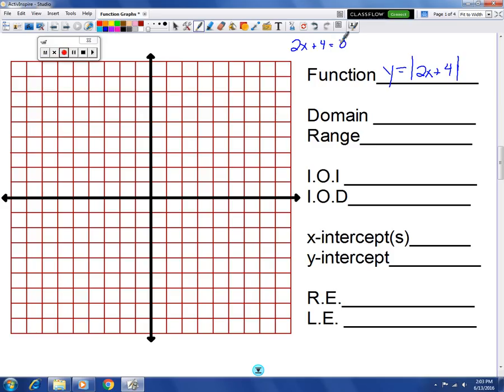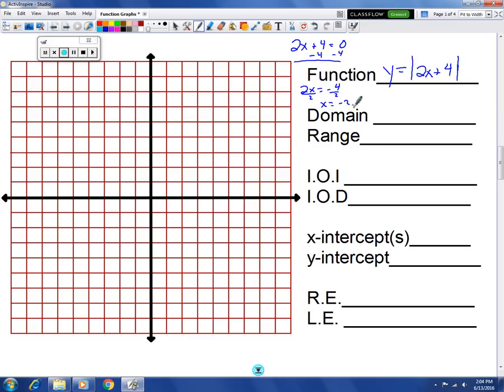And then when I subtract 4 from both sides, I get 2x equal -4. And divide by 2, and I get x equal -2. So that tells me at what x the value inside the absolute value would be 0.